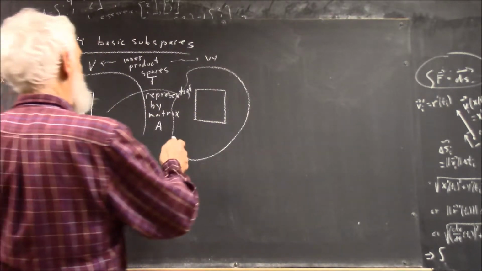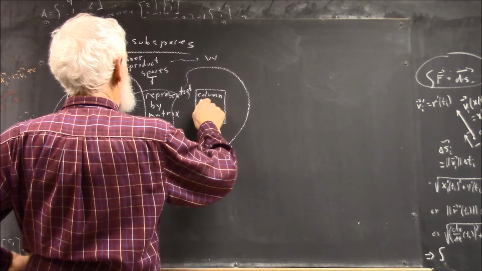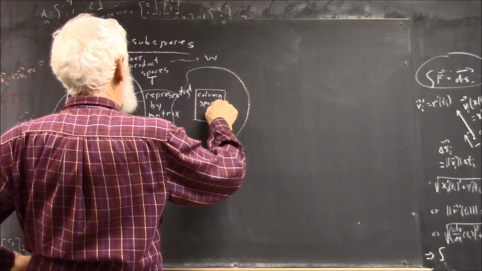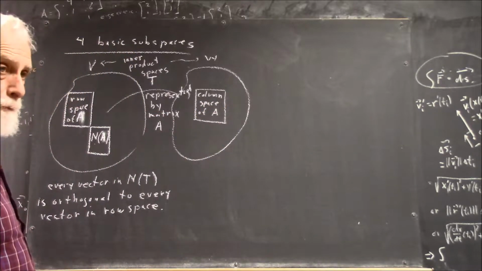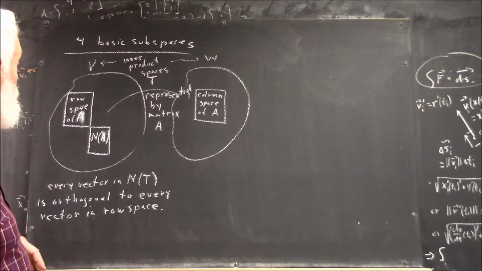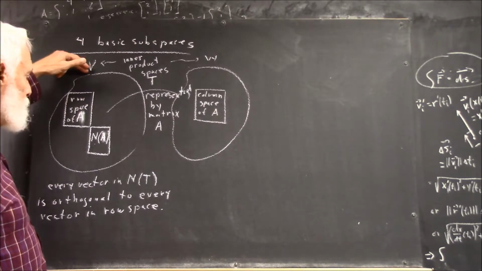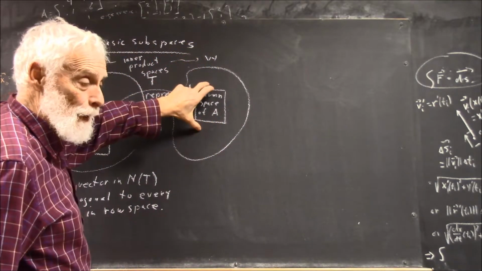So now what we get here is the column space of your A matrix. The thing about this column space is your whole vector space V maps to vectors that span this column space.